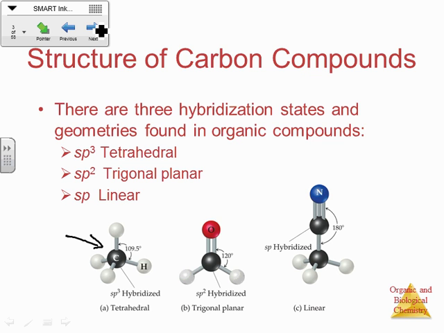Now you could have 2 double bonds also, like carbon dioxide, which we don't count as an organic molecule, but that would also be linear. So there are a lot of different configurations that you can have around this thing, but the 3 different shapes that can be formed around a central carbon atom are the tetrahedral, the trigonal planar, and the linear. And just depending on how many single or double bonds or triple bonds you have.